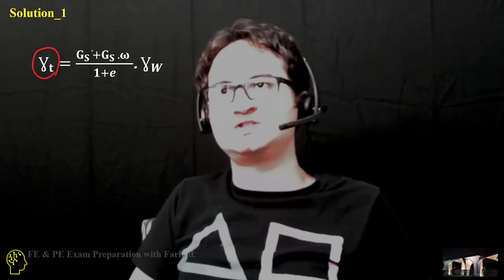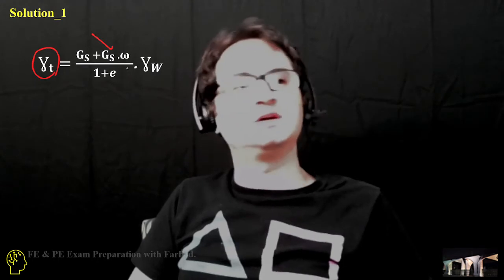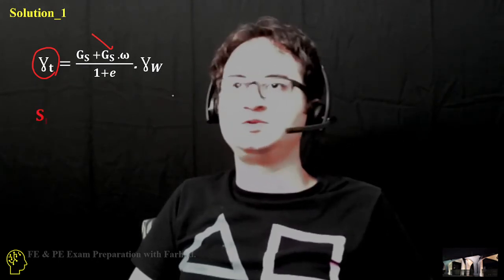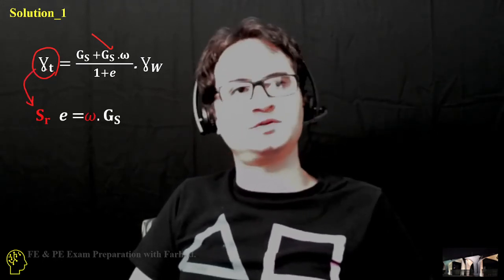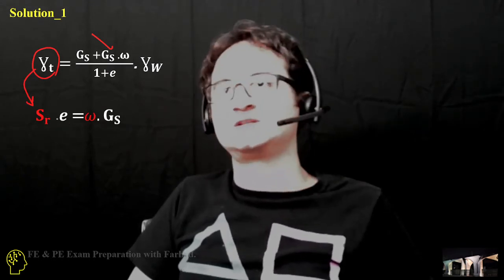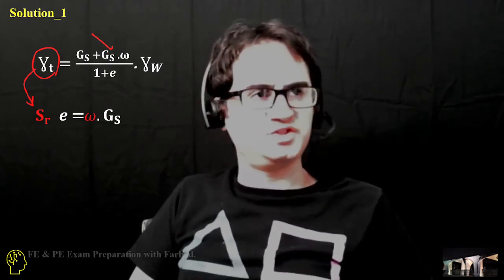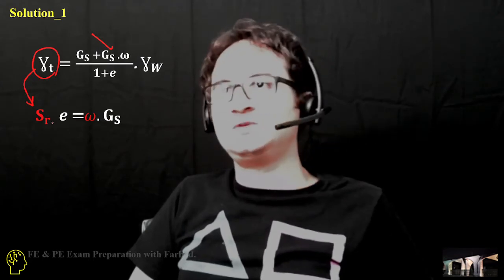As soon as we have the specific gravity, we go for the gamma T formula, which is GS plus GS times omega, the water content, over 1 plus E times gamma W. At the same time, we want gamma total at 80% saturation. So SR times E is equal to W times GS, from another equation in weight-volume relationships.